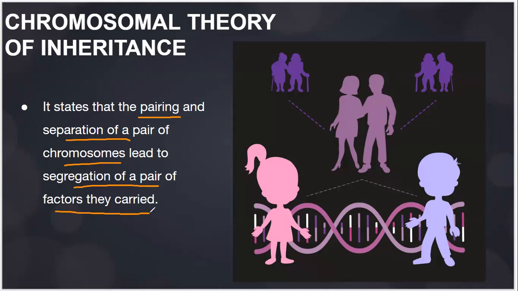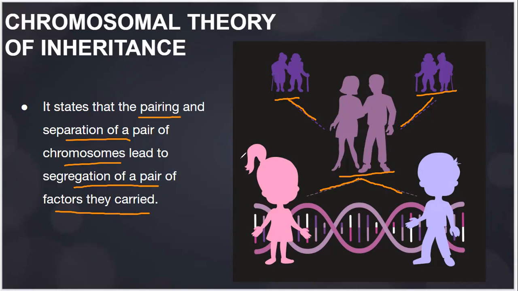that they are carrying. Just like you can see in the representation over here, one set of parents, one set of grandparents, and from them their children. So they came together, and that is how their genetic recombination brought about their children.